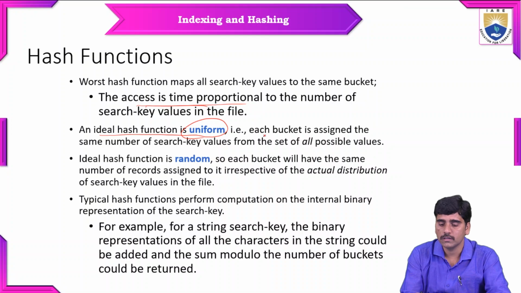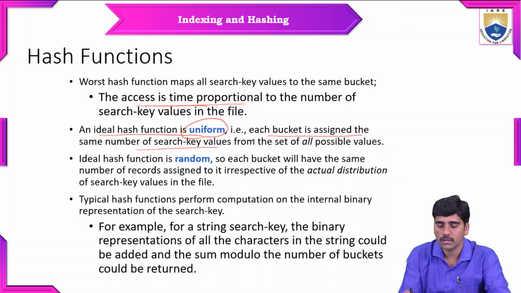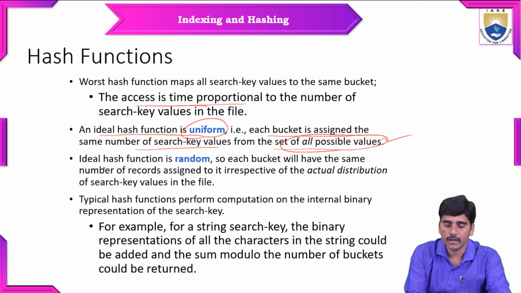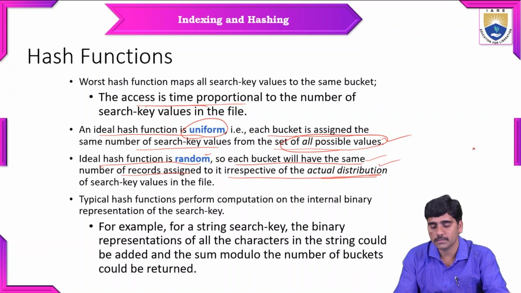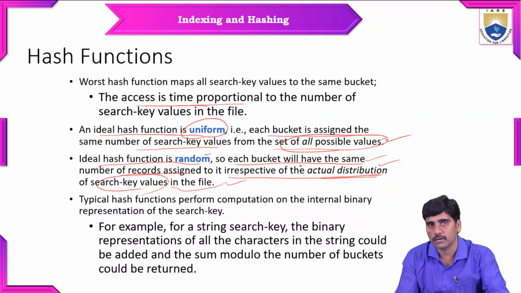That is, each bucket is assigned the same number of search key values from the set of all possible values. An ideal hash function is also random, so each bucket will have the same number of records assigned to it irrespective of the actual distribution of search key values in the file.